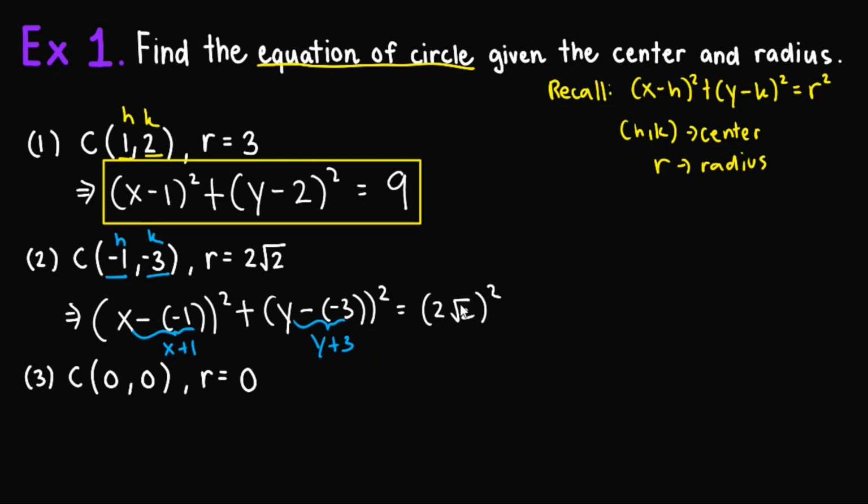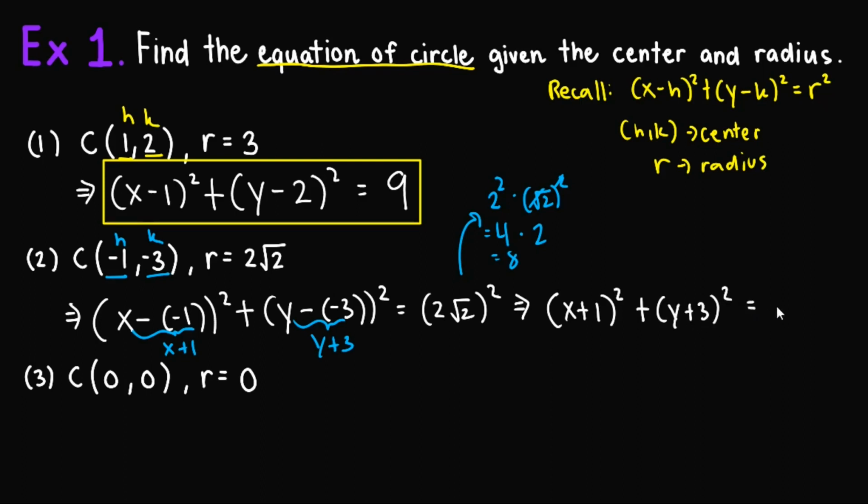Moreover, for (2 square root of 2) squared, we'll have 2 squared times the square root of 2 squared, and 2 squared is equal to 4, and the square root of 2 squared just cancels, and we'll have 2. So this is just equal to 8. Given these, we conclude that the equation of the circle for this one is given by (x plus 1) squared plus (y plus 3) squared equals 8. This out here is our final answer.